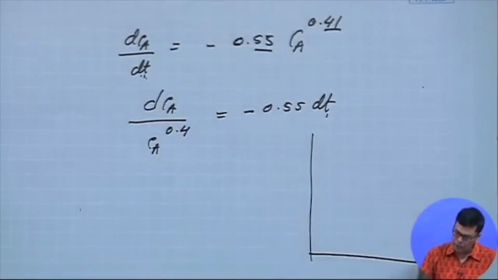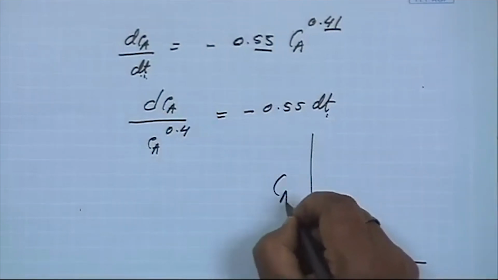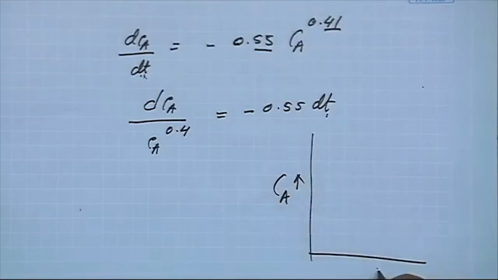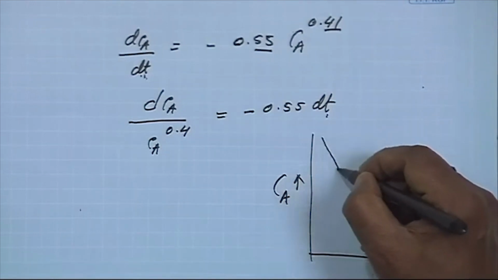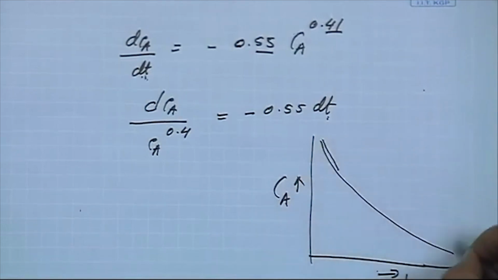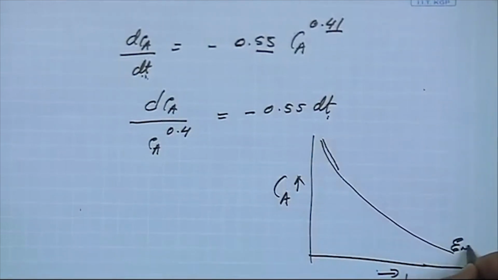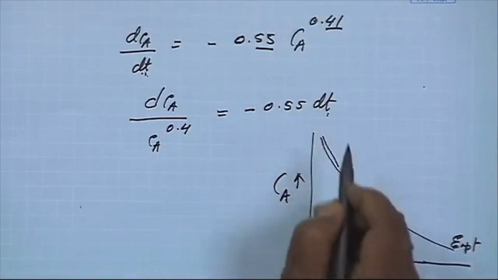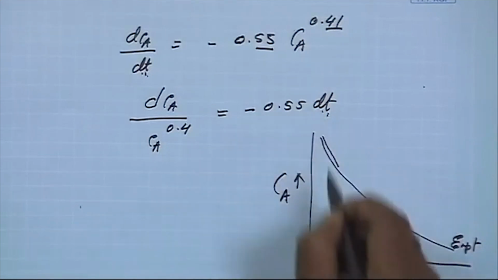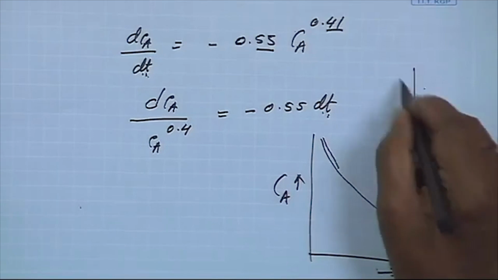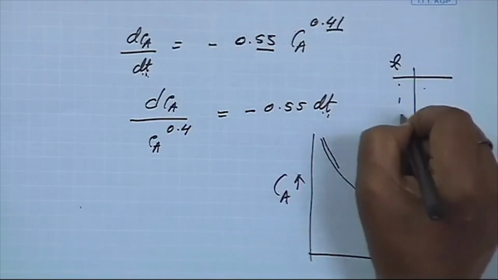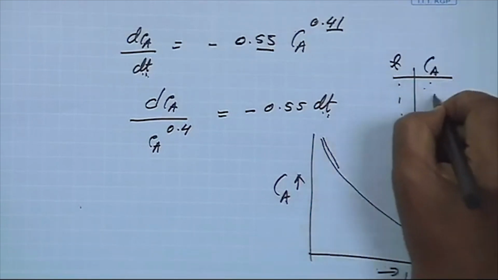We already have the experimental value. Now we can calculate theoretically also, and we can assume the value of t and find out the corresponding value of Ca.